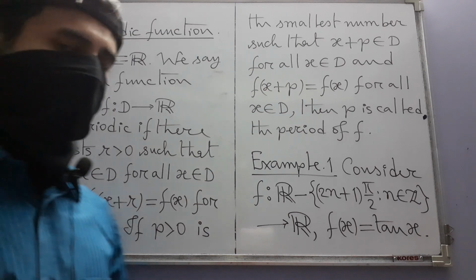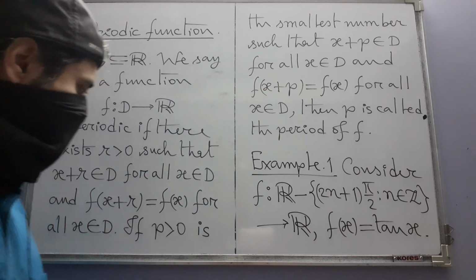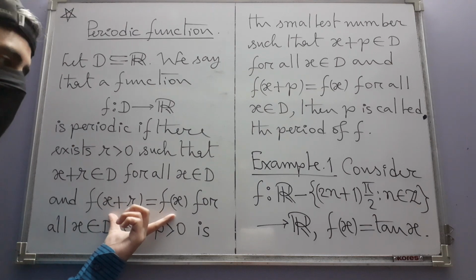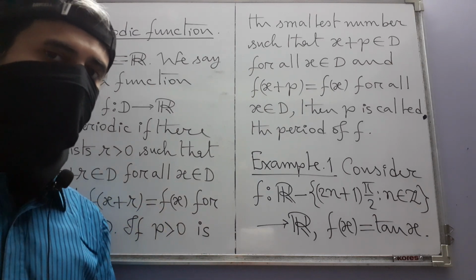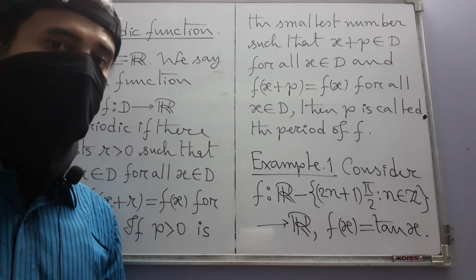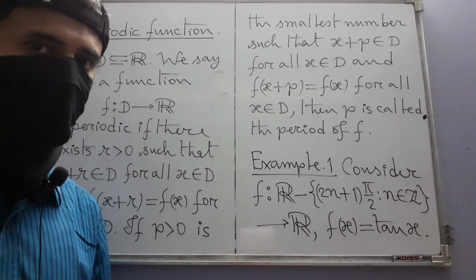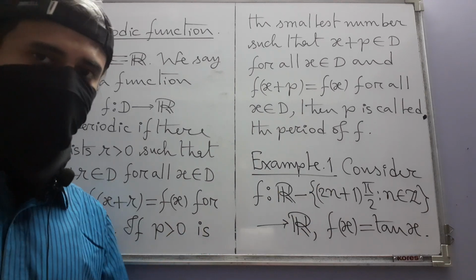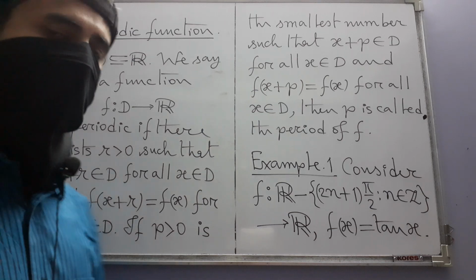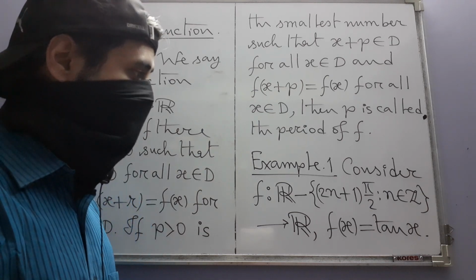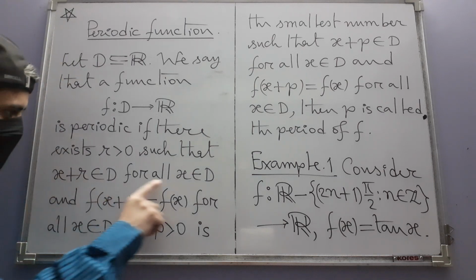Is this function periodic? We know it is periodic because we know this fact. For many values of R, one of those values for the tangent function is pi. Tan x plus pi is also equal to tan x for all x belonging to this domain, which is something that we already know from trigonometry. But what is often overlooked is this condition.